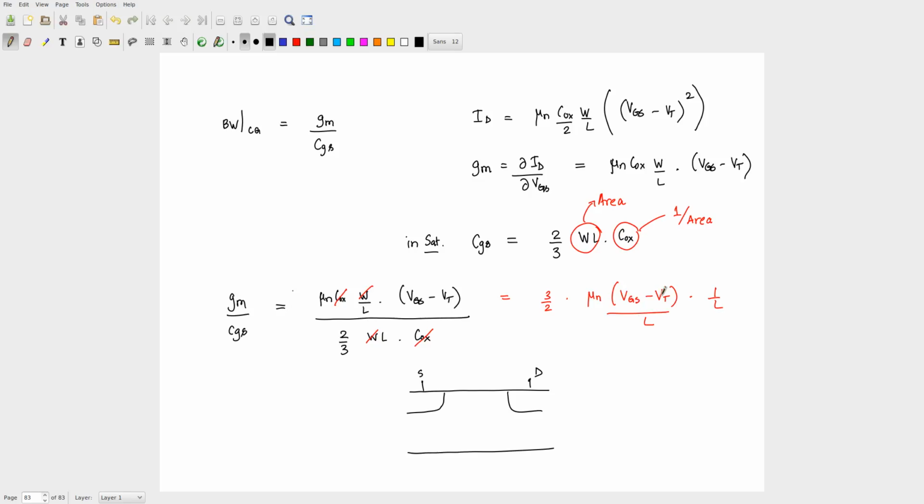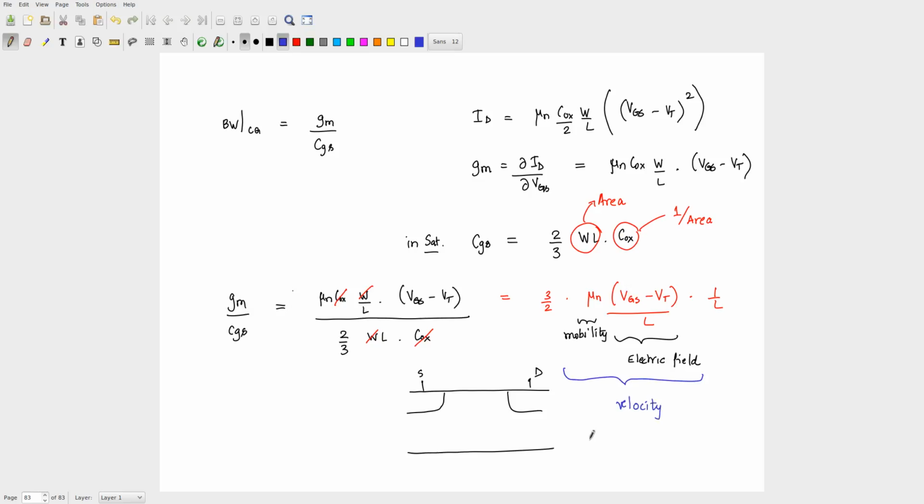This is a voltage divided by length, so this is like an electric field. And mu n is nothing but mobility. And you will learn later that mobility into electric field actually has dimensions of velocity.